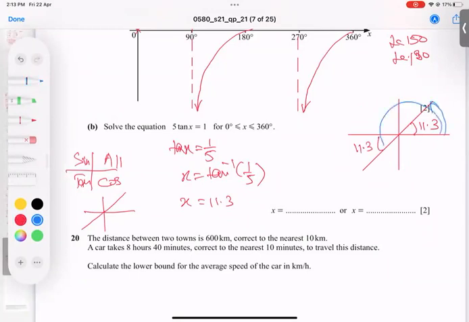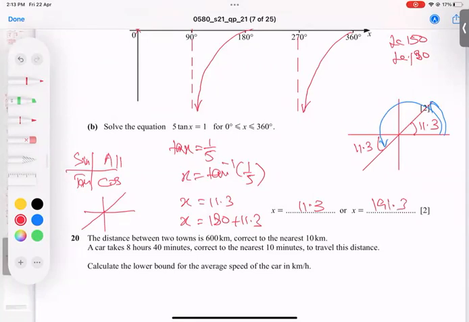The second answer: when it goes in a straight line, there's 180 degrees, and this is 11.3, so 180 plus 11.3. If we add, it gives us 191.3. So two answers are there, 11.3 and 191.3.